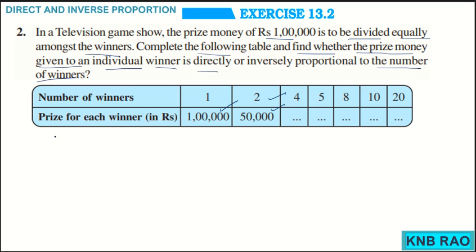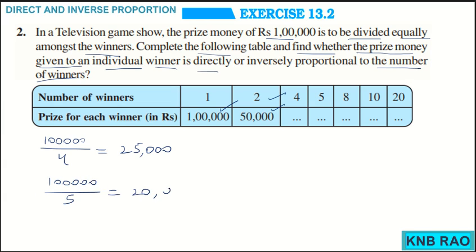So when 1 lakh is divided by 4, you will get 25,000 each. Whereas if 5 people are winners, then 1 lakh will be equally divided amongst those 5, where each will get 20,000.